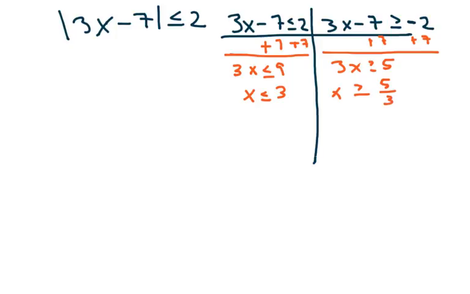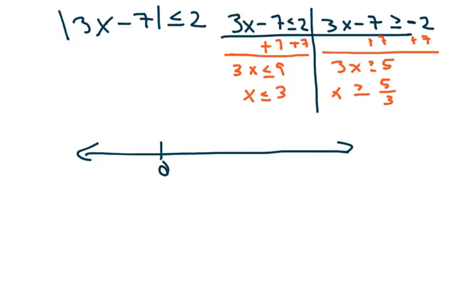Now I'm going to graph this so I get a visual on what's going on. Here's my 0, 5/3 here, 3 here. They both can equal it. It says it's less than or equal to 3, but greater than or equal to 5/3, so it's in this area.